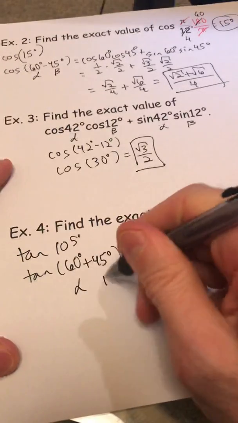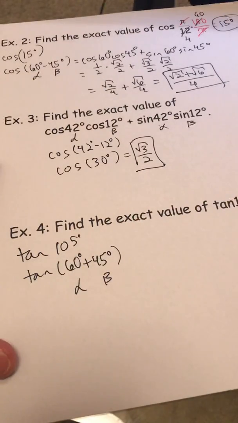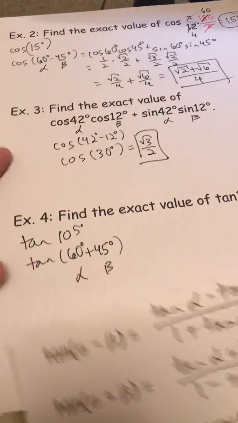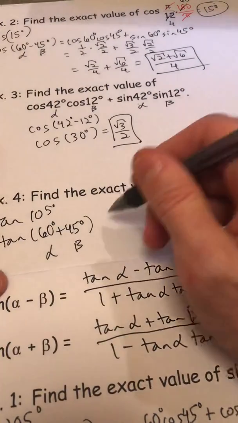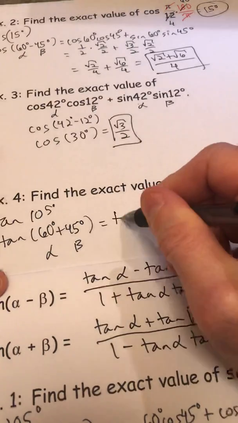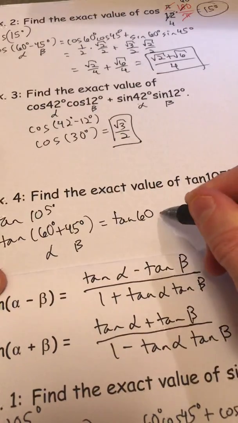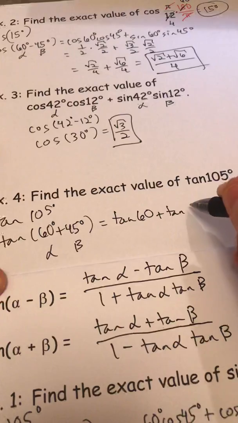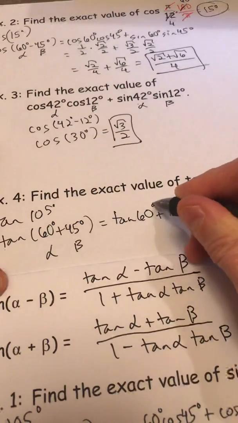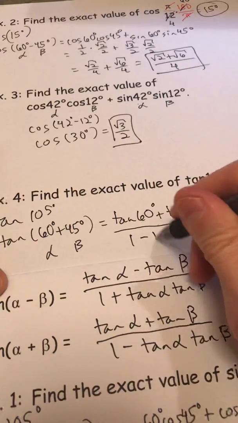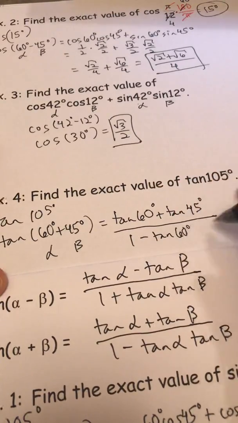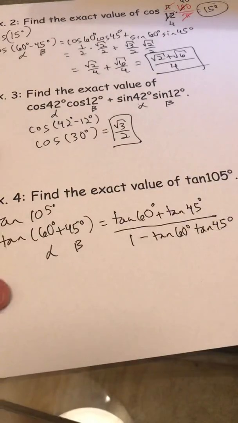Again, there is our alpha, there is our beta, and now we're just going to fill in using our formula. So tangent 60 plus tangent 45, all over 1 minus tangent 60 tangent 45.